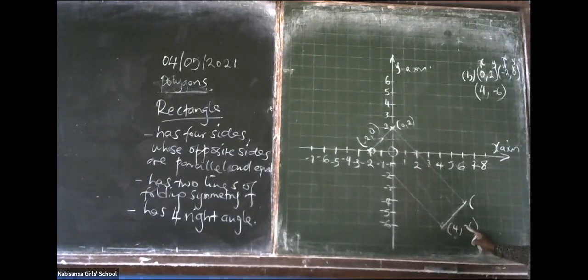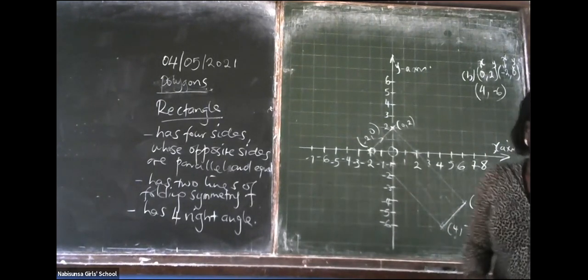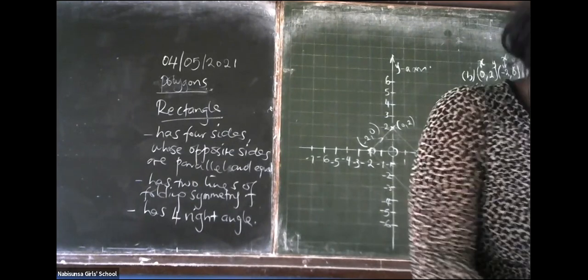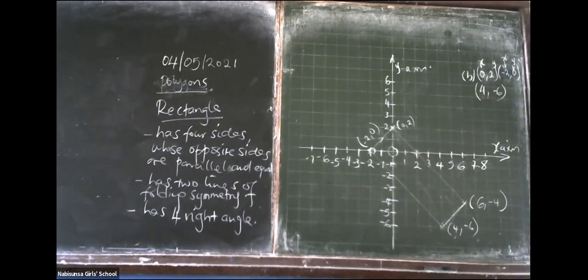So we locate the point. And the coordinates are 6, -4. Thank you very much.